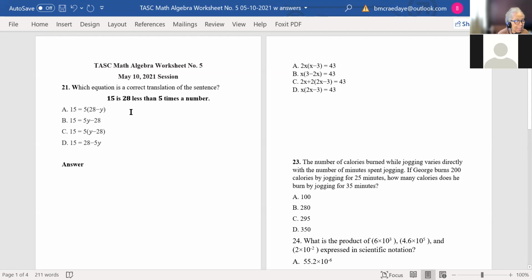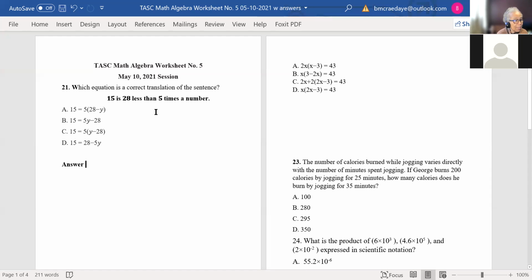So 28 less, that would be 5y, 5 times a number. 15 is 28 less than 5 times a number. This is saying you're subtracting 28. This is saying you're subtracting 5 times a number. That's a difference: subtracting 5 times a number from 28.